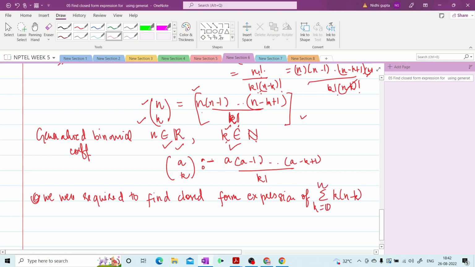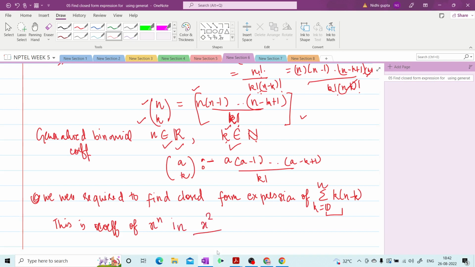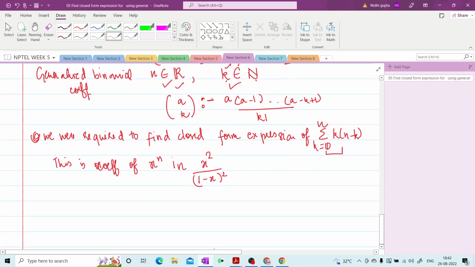So first we saw that this is the coefficient of x^n in x squared divided by (1 minus x) whole squared. Now if we want to find the coefficient of x^n in this, we use our formula of generalized binomial coefficient.